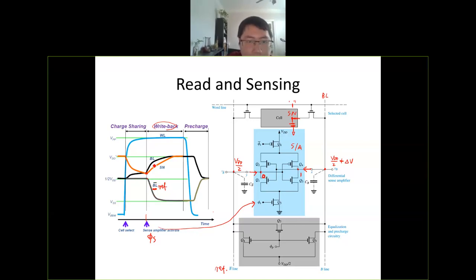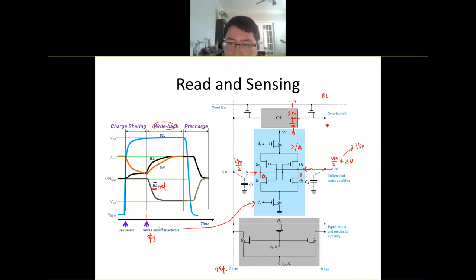So you see the BL and BL bar, or this reference line, split between 1 and 0. So this node becomes 1. That means the bit line is becoming 1. So this 1 will propagate back here. This will be charged up to be VDD.